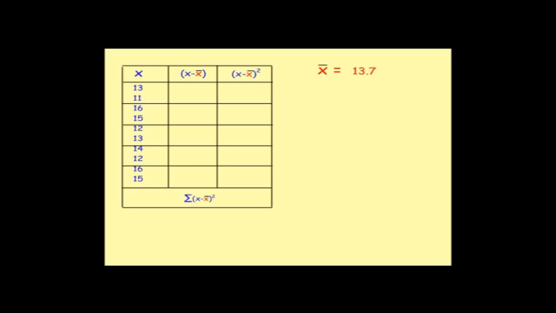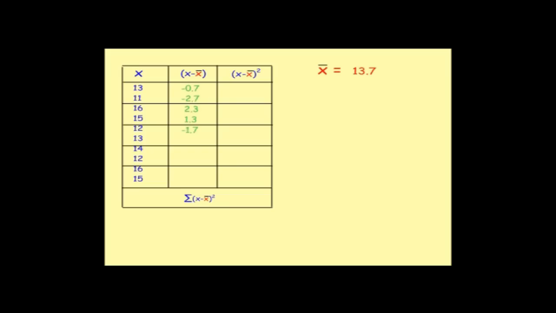So firstly, 13 minus 13.7 is minus 0.7. 11 minus 13.7, minus 2.7. 16 minus 13.7 is 2.3. 15 minus 13.7, 1.3. 12 minus 13.7, negative 1.7.